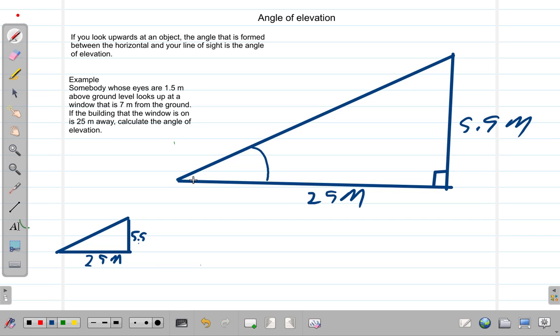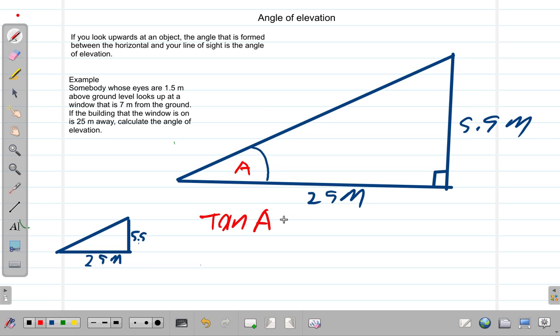How do we calculate that angle? Let's see. If we call this angle A, we know that this side is opposite to A, because A is on my left and this side is on my right, while this side, the 25 meters, is adjacent to A. So that suggests the use of tangent.